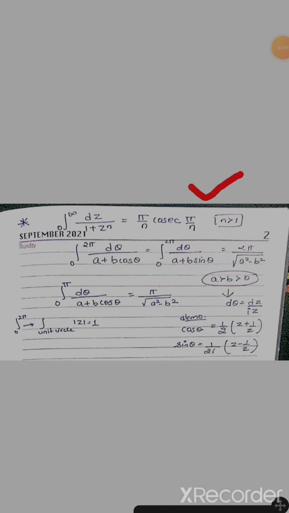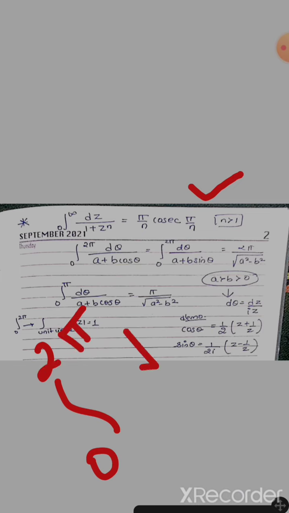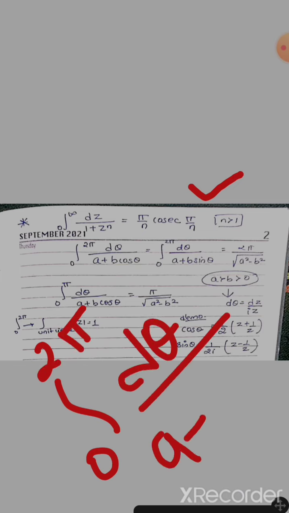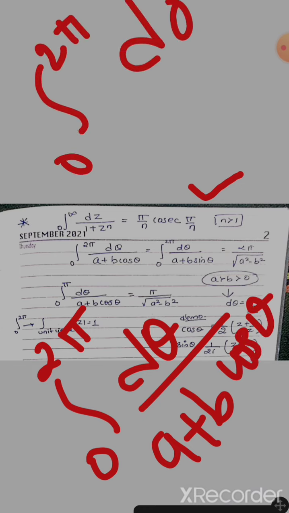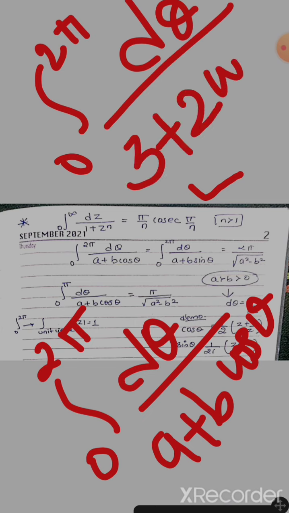This is done. And if the integration is from 0 to 2 pi of d theta by a plus b cos theta, the equation will be something like 0 to 2 pi d theta by 3 plus 2 cos theta.